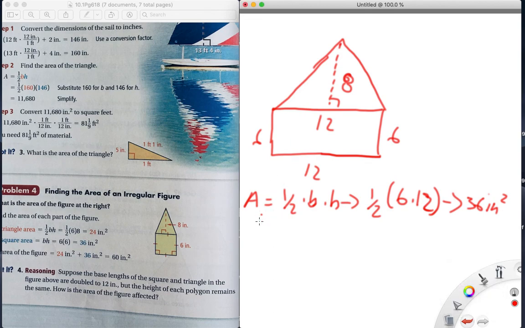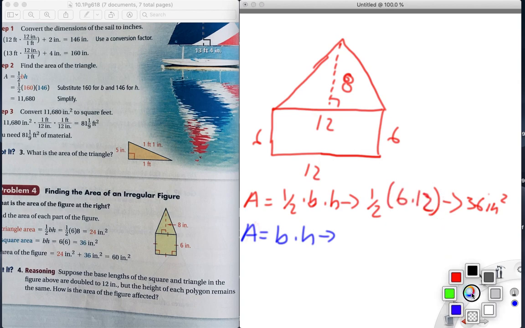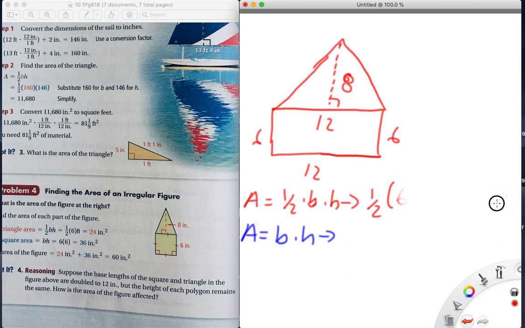Then we have the area of the rectangle. Area of the rectangle is base times height. In this case, it's going to be... Oops, this is wrong. Let me fix this. Not 6 times 12. It's 8 times 12.